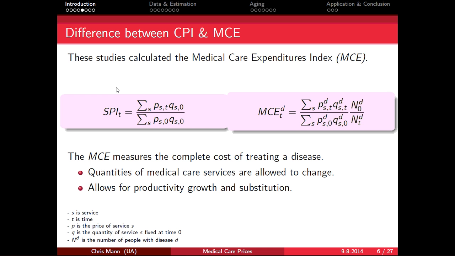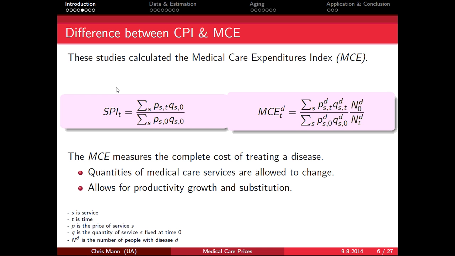So in this case, both price and quantity are allowed to change. Right? So this way you're looking at expenditures. And so this allows for productivity or substitution effects to be calculated in the price inflation for medical care.